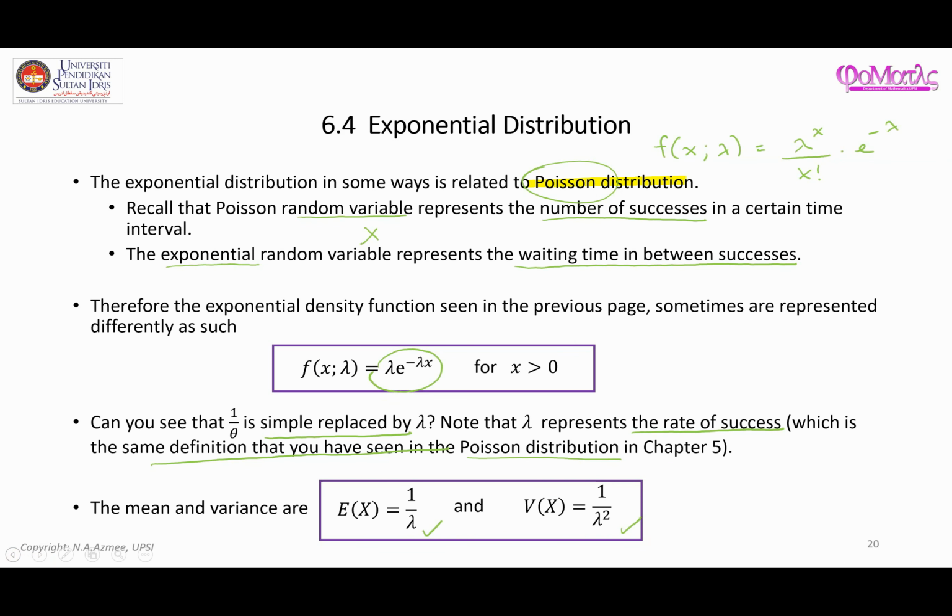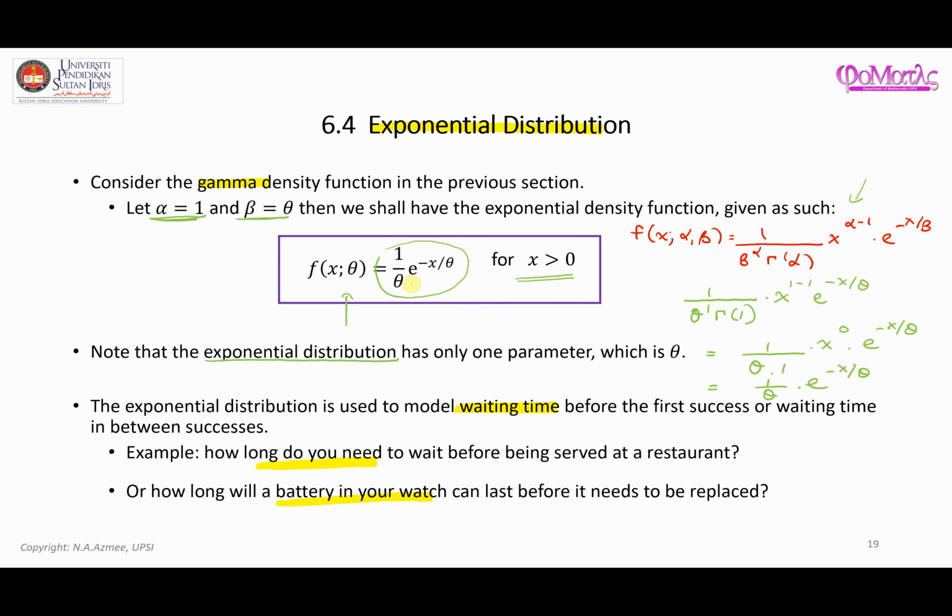I hope you can see that if you use this scale parameterization, and this is your probability density function, you will get that the expected value of x is equal to theta, and the variance of x is equal to theta squared. Okay.